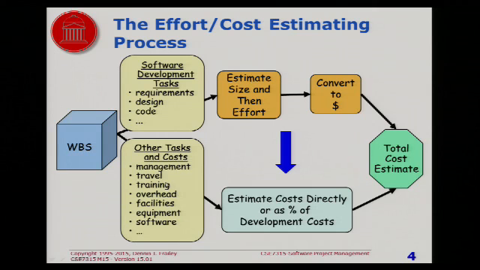And that's because often, although not always, they are estimated as a percentage of the costs above. For example, the cost of training people might be 2% of the cost of developing the software or something like that. We'll talk a little bit about that later.